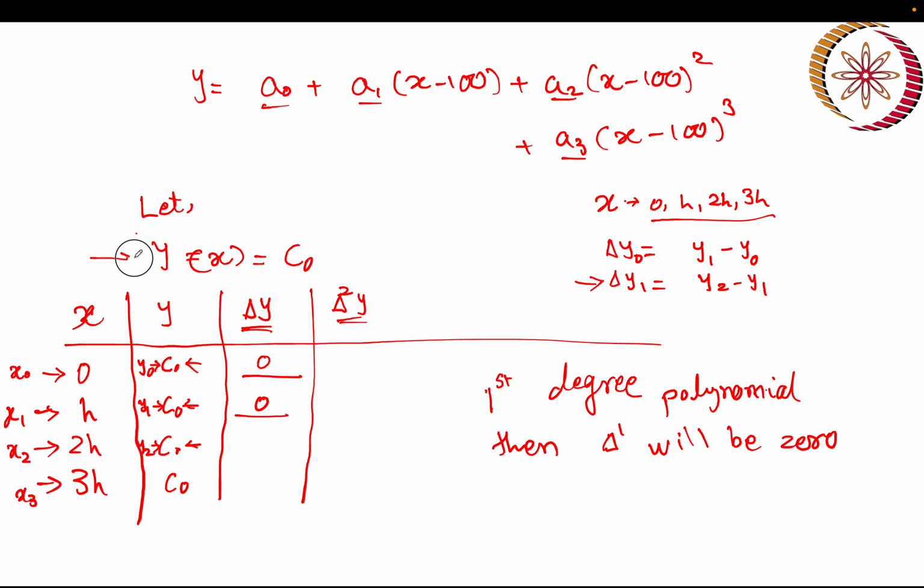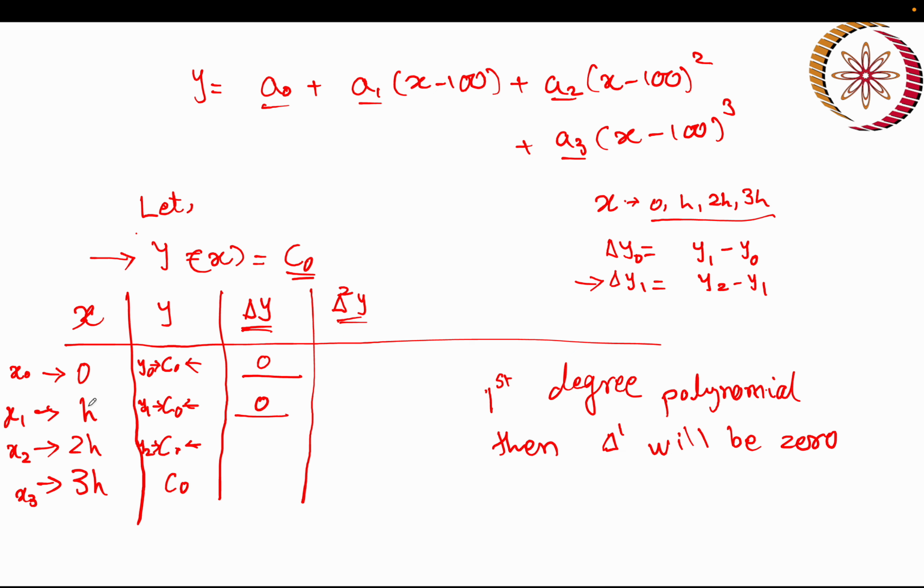As an example, I started with an approximation where y of x is equal to c0, and here I was explaining why the method works, which we will be using. If we approximate y as a constant function, you can see that the sequence of x values is in arithmetic progression where the common difference is fixed.